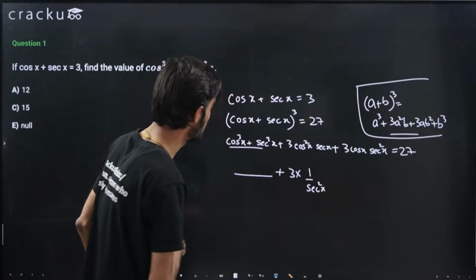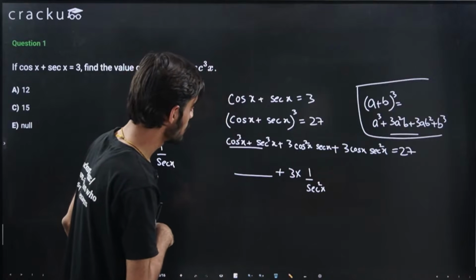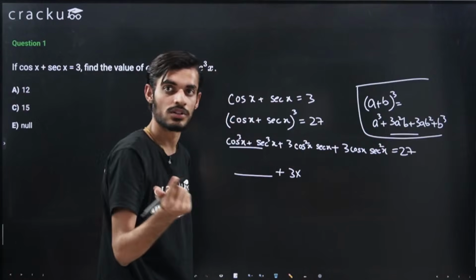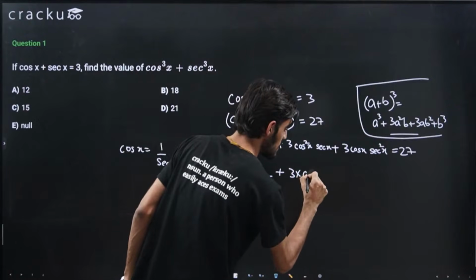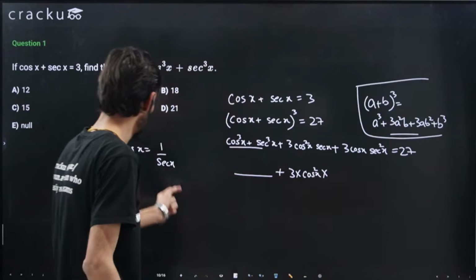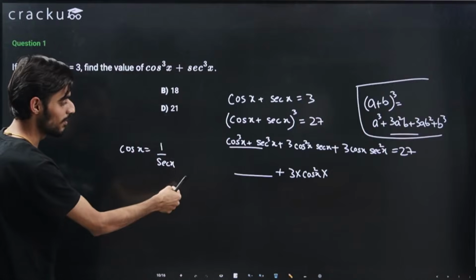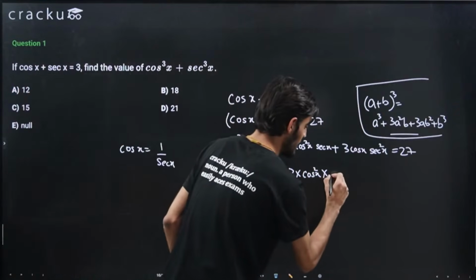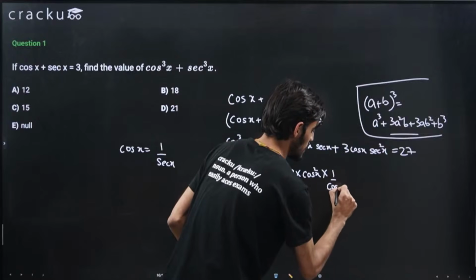But I think that will just complicate the question, right? So what I can do, I can just write this term. That will help us in easing our calculation, okay? So writing this as cos square x only. But in place of sec x, I can write 1 by cos x, because cos x is 1 by sec x. So sec x is equal to 1 by cos x. So I can write here 1 by cos x.